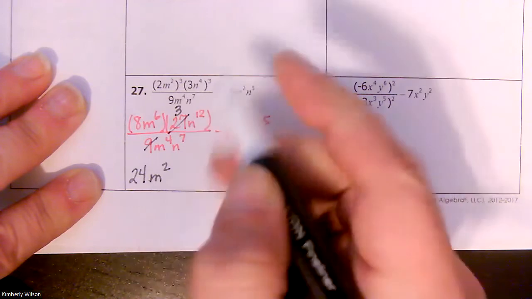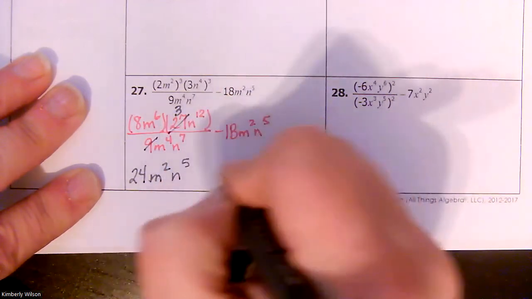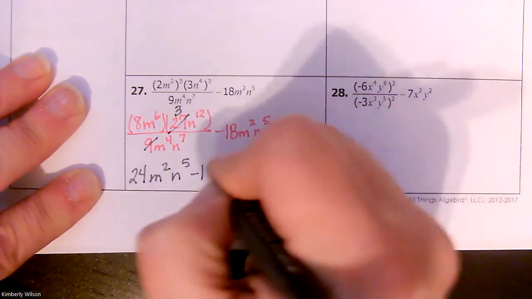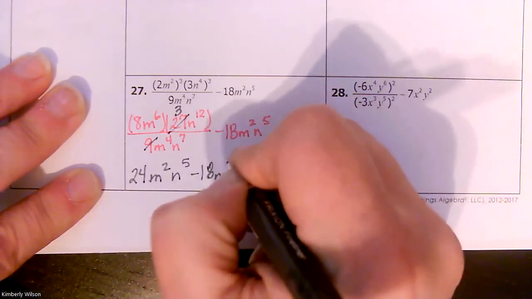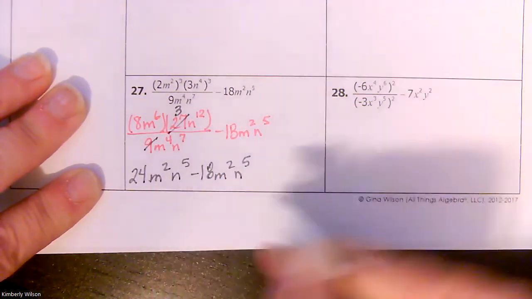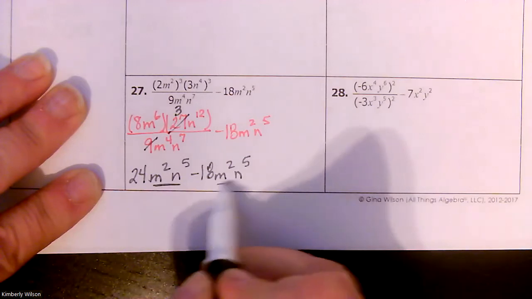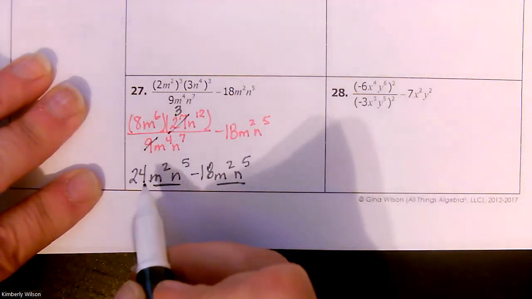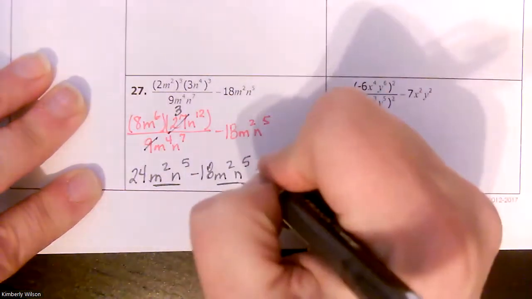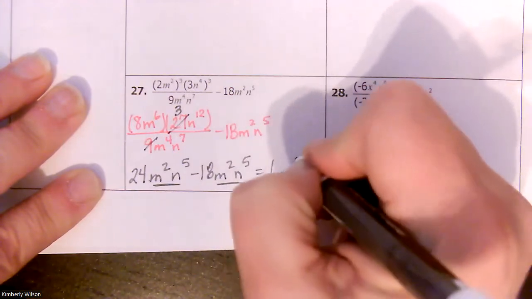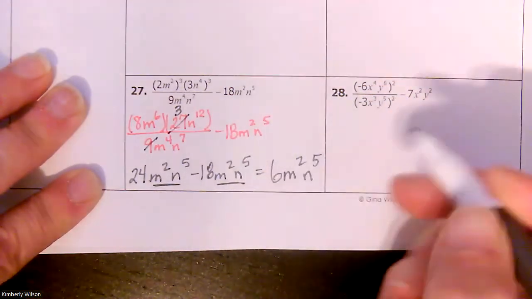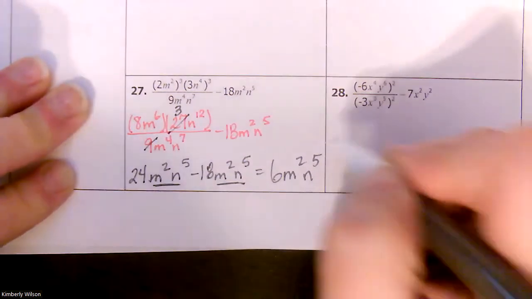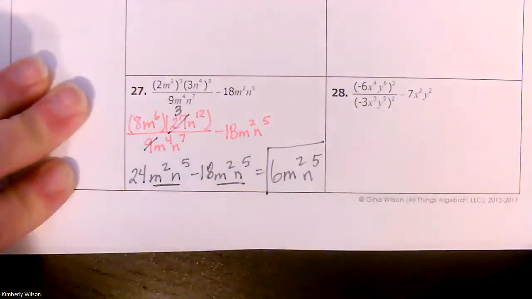So I'm going to have 12 minus 7, so that's going to be n to the 5th minus 18 m squared n to the 5th. Oh, we have the same variable scenario, so that means I can actually do 24 minus 18, which gives me 6 m squared n to the 5th. And that is my final answer.